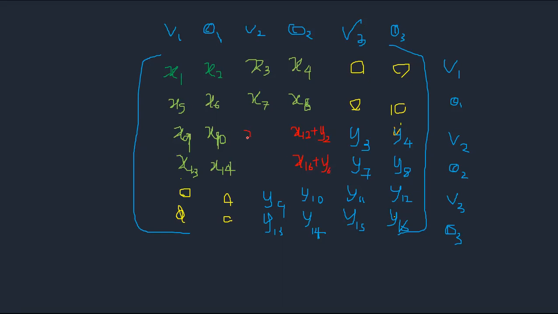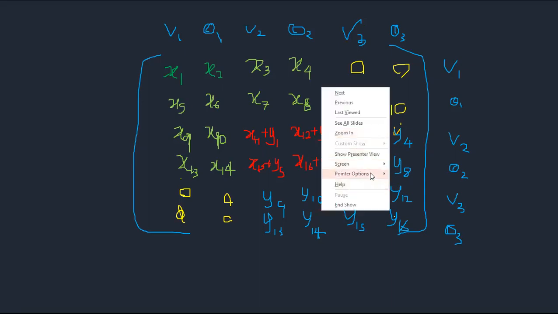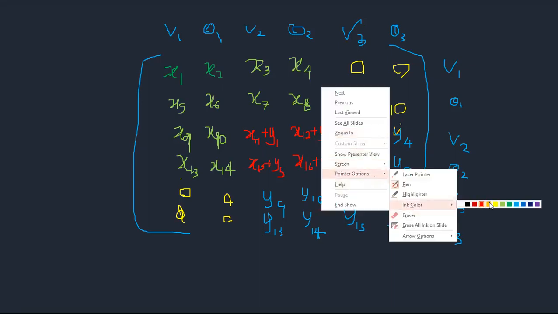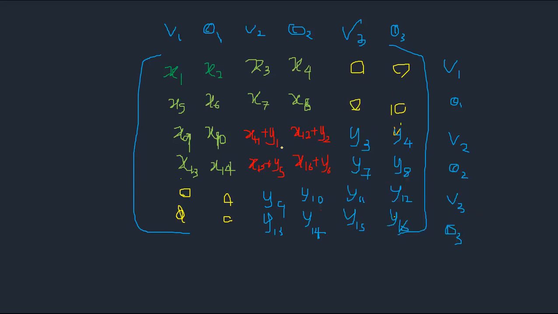This is going to be x11 plus y1. This is going to be x15 plus y5. So you can see what actually has happened is you overlap some rows and columns. So y1, y2, y5 and y6.